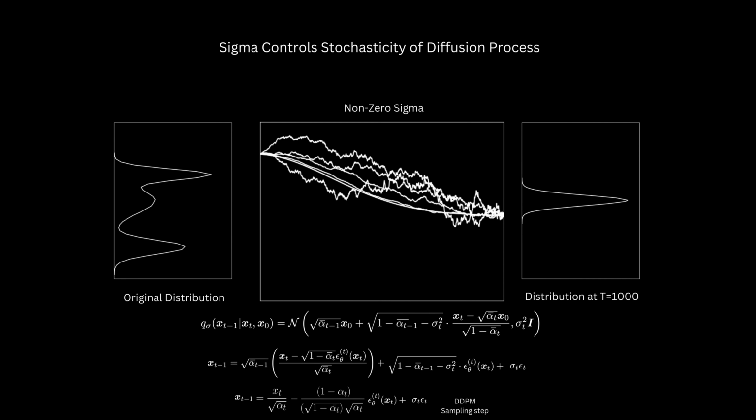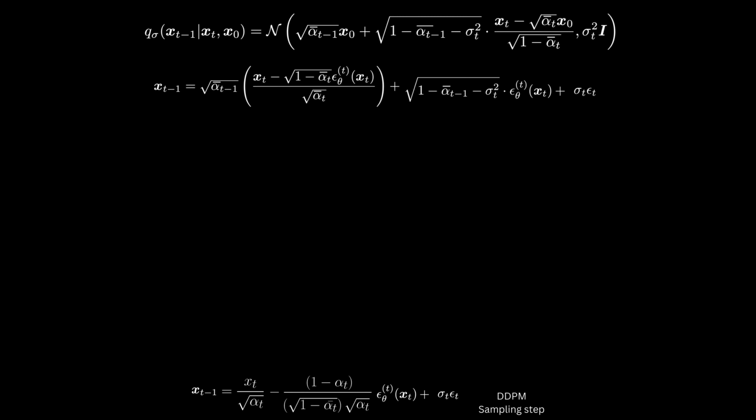Of all the sigma values, there is a specific non-zero sigma value that is of special interest to us. That is this value of sigma square. This value is the same as the variance used in DDPM's ground truth denoising distribution. Let's set sigma square specifically as this value in the update equation of DDIM and see what happens.